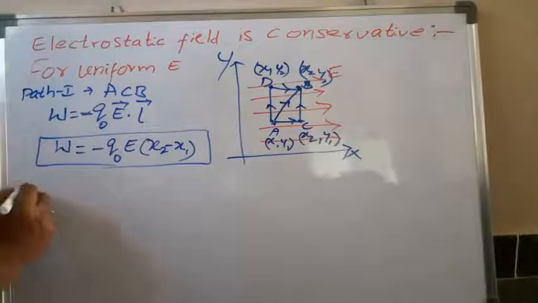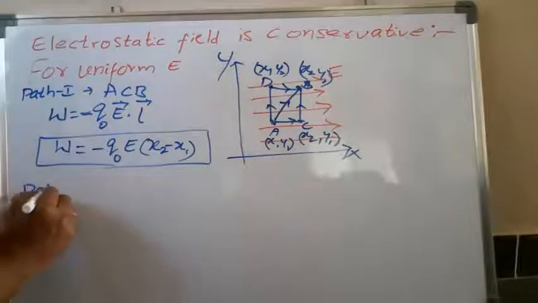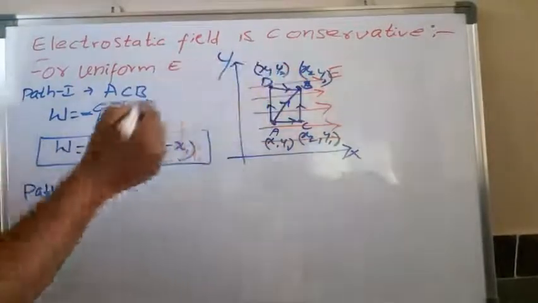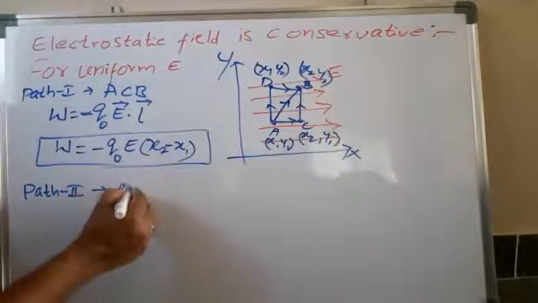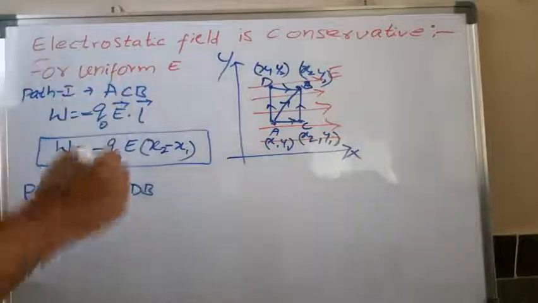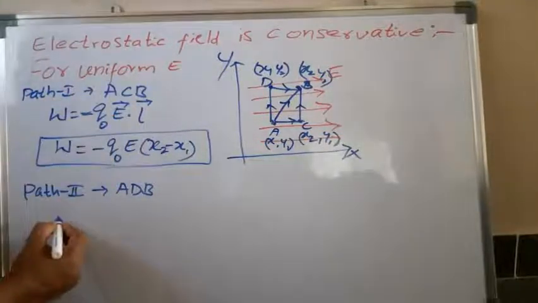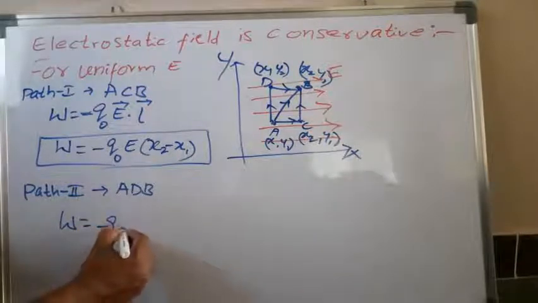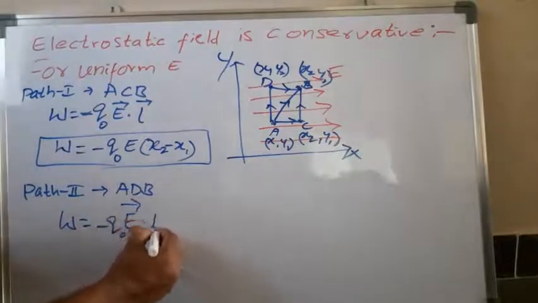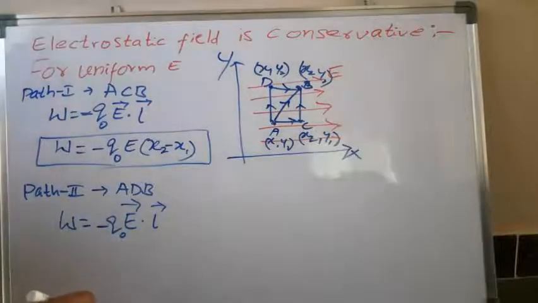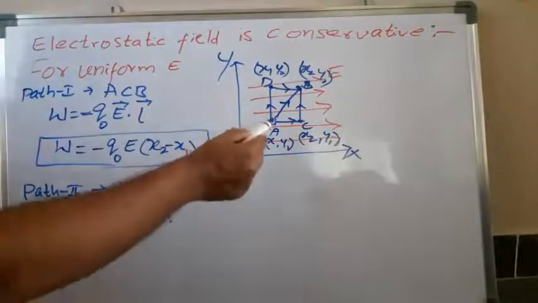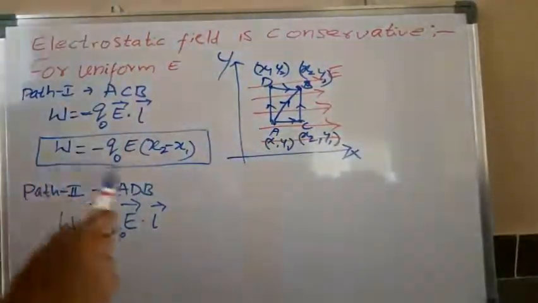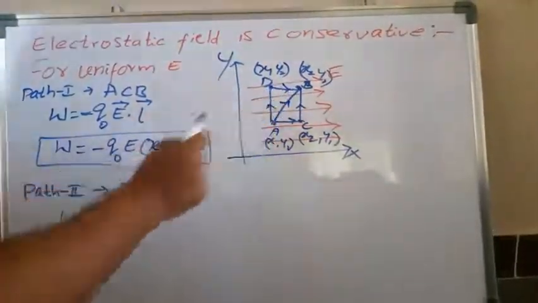Now we will calculate for the second path, that is ADB. Again, similar to the earlier case, here also minus Q naught E bar dot L bar, and here also AD is perpendicular to the direction of electric field and BD is parallel.